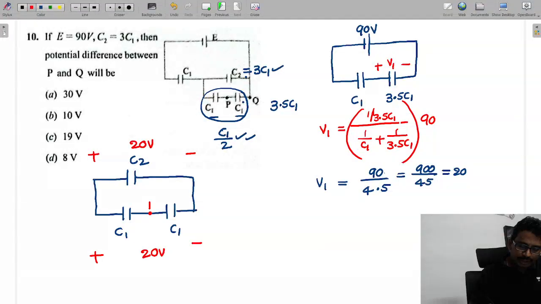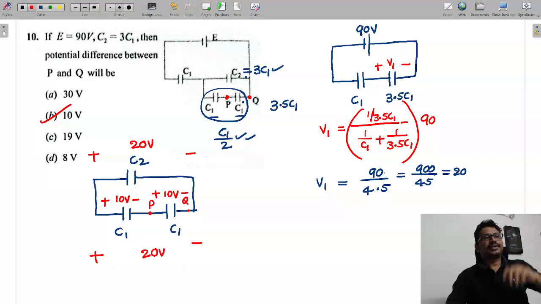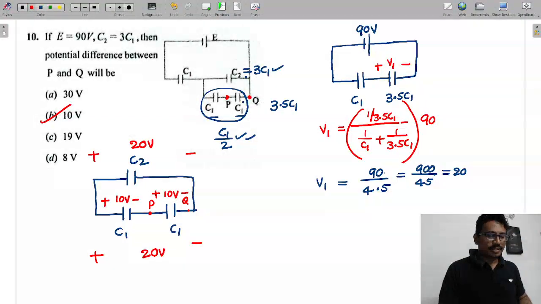This point is P and this point is Q. These two equal capacitors will divide the voltage equally. So this voltage is 10 volts and this voltage is 10 volts. So the potential difference between P and Q is 10 volts.